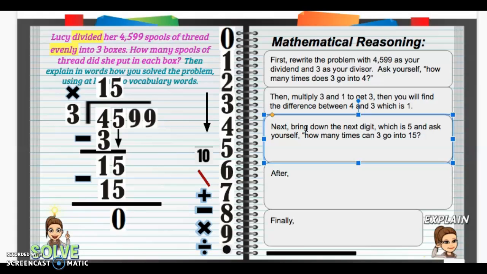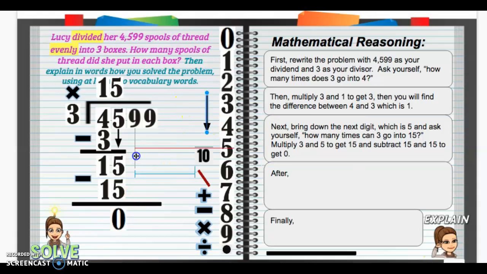So then you would multiply 3 and 5 to get 15 and subtract 15 and 15 to get 0. And we need quotations on that. Okay, so then you're going to bring down the next digit.